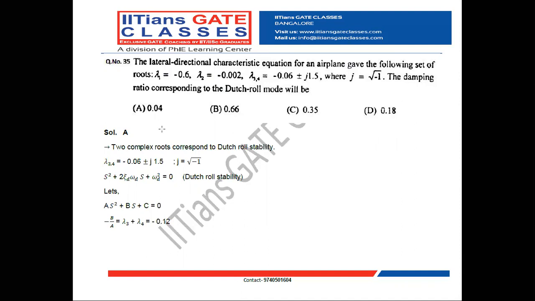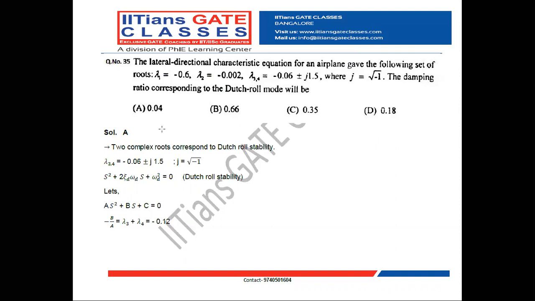First, lambda 1, which has a negative real part alone, corresponds to roll convergence. Lambda 2, which again has a negative real part but a very small value, corresponds to the spiral mode.